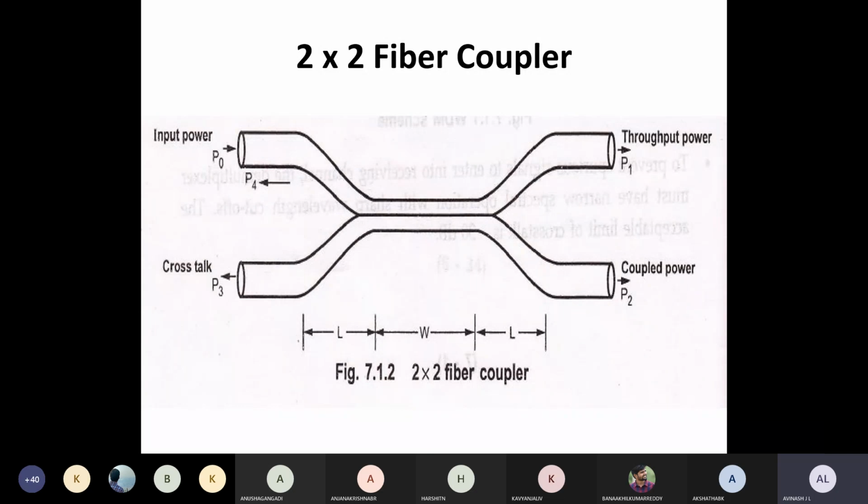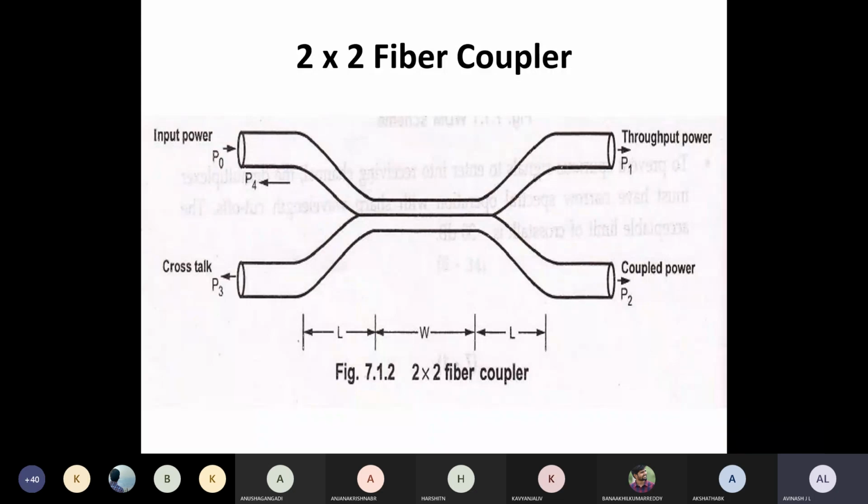The first heading you take down: 2 cross 2 fiber coupler. In this particular 2 cross 2 fiber coupler, you can see that there is input power.